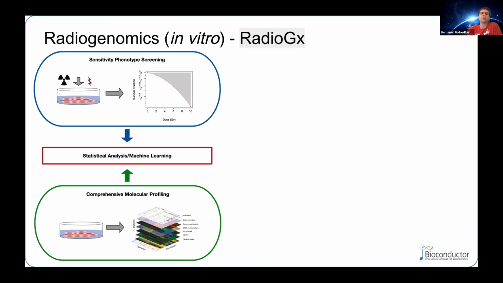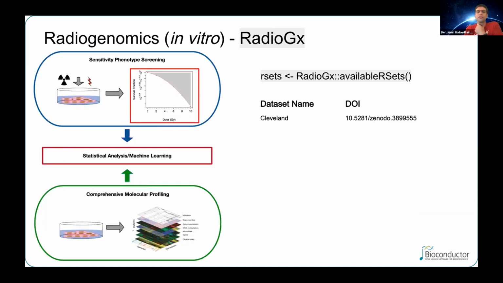On the x-axis, I noted as gray here, the survival fraction of those cells. So in a sense, it's very similar to Pharmacogex, but the phenotype is very different. It's radiation rather than a drug treatment. Next.